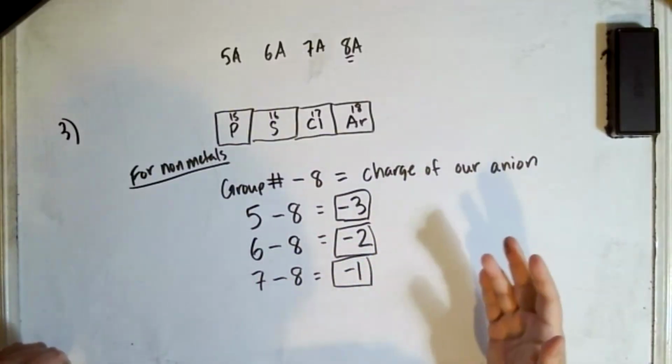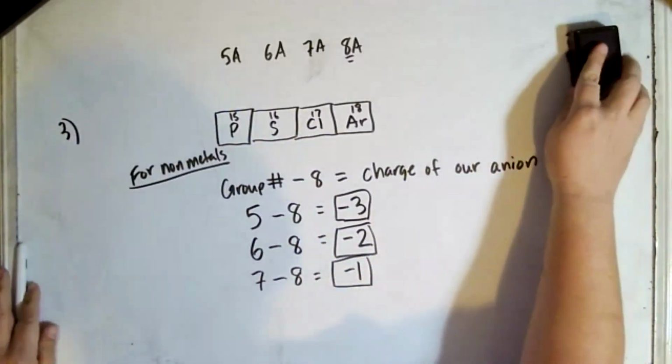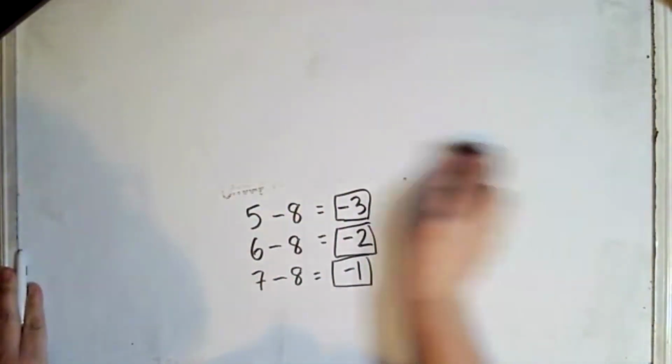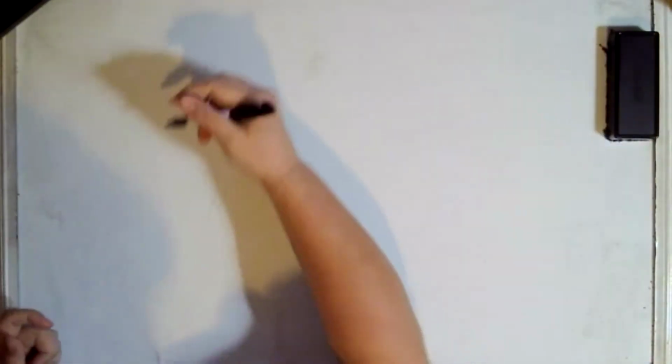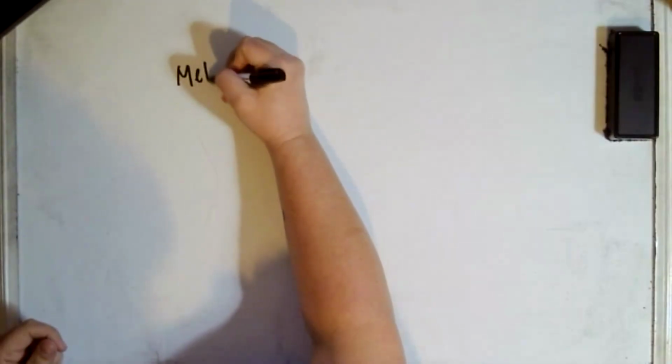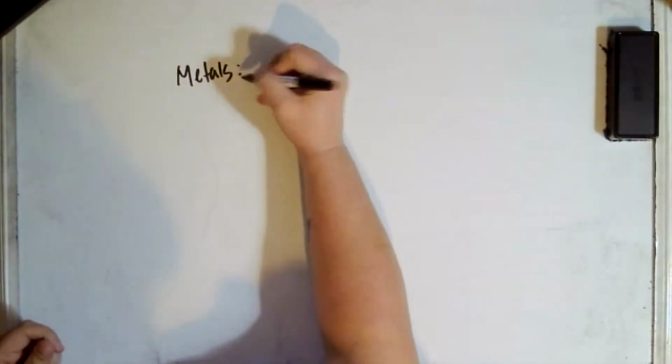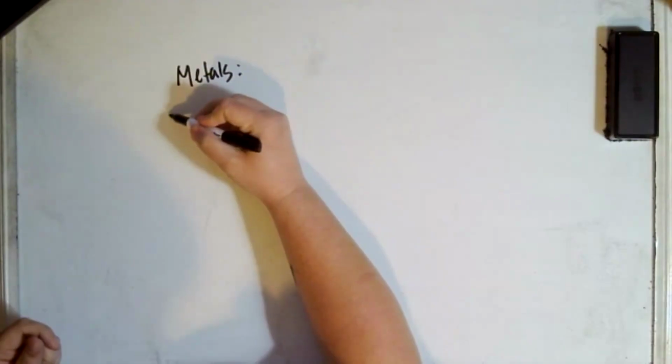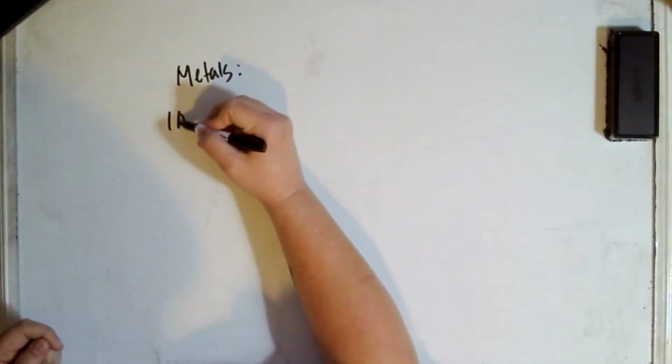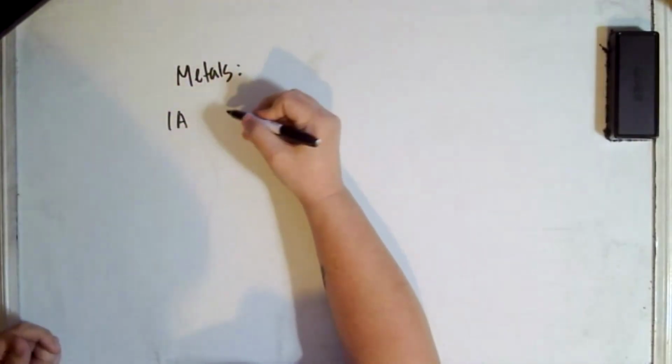What you're going to notice for your metals, which I didn't write out before, so I'm going to write it out now. We mentioned it, but I didn't sketch it out here the same way that I just did for the nonmetals. For our metals, which are in group 1A and group 2A, and then we have aluminum also, this is going to work.